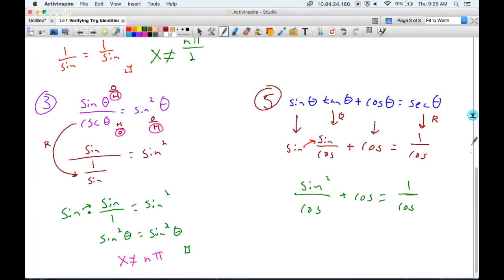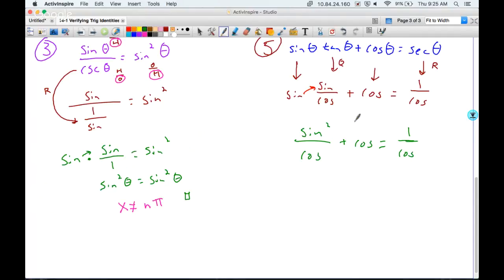Two fractions on the left, one fraction on the right. I want it to be one fraction and one fraction. So I need to multiply by a form of 1. That will give me a common denominator so I can combine this into a single fraction. That form of 1 is I'm going to multiply just this term by cosine over cosine.